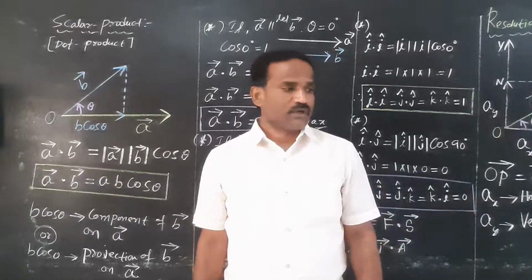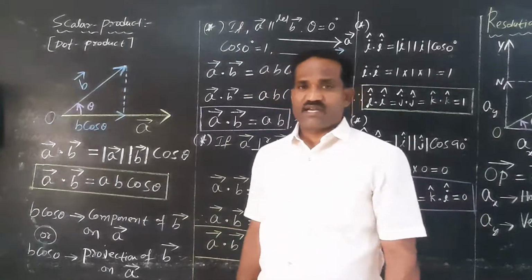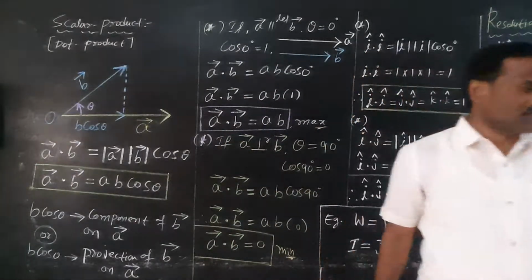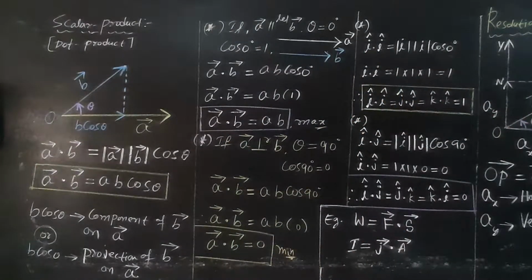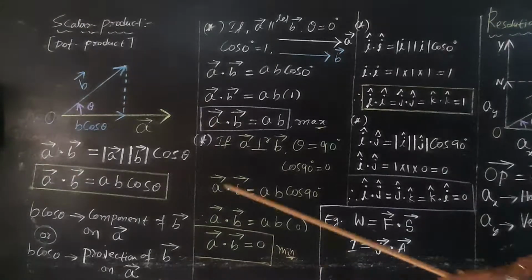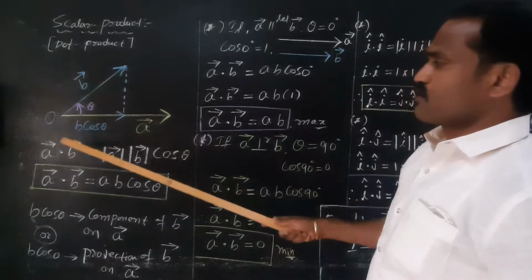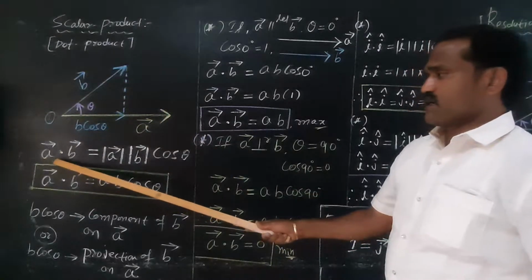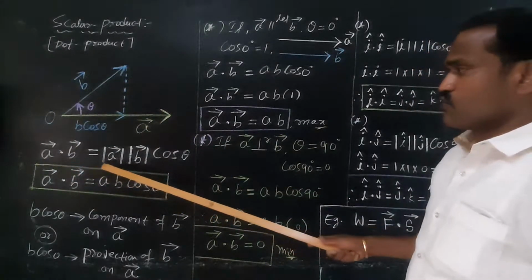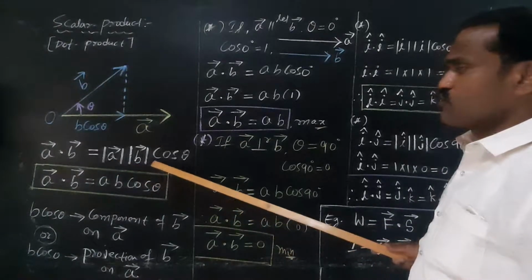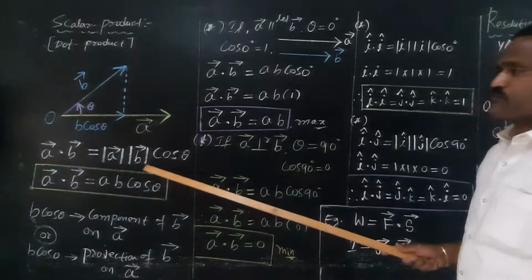vector B. Today in this session, we are going to talk about the scalar product of two vectors. What do you mean by scalar product or dot product? When two vectors are undergoing dot operation, see here, vector A dot vector B is equal to magnitude of vector A, magnitude of vector B into cosine of the angle theta between them.